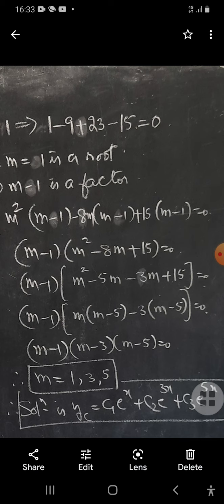So m minus 1 into m square minus 8m plus 15 equal to 0. That can be written as m minus 1 into m square minus 5m minus 3m plus 15 equal to 0. That is m minus 1 into, open the bracket, m into m minus 5 minus 3 into m minus 5 equal to 0. That is m minus 1 into m minus 3 into m minus 5 equal to 0.